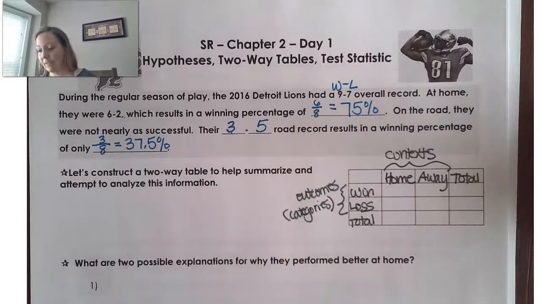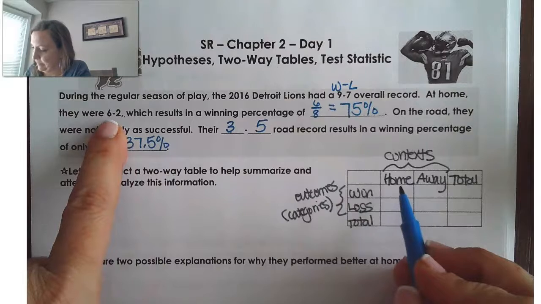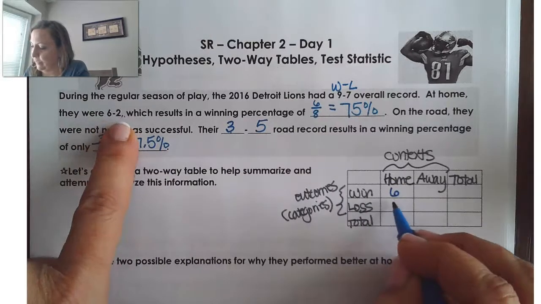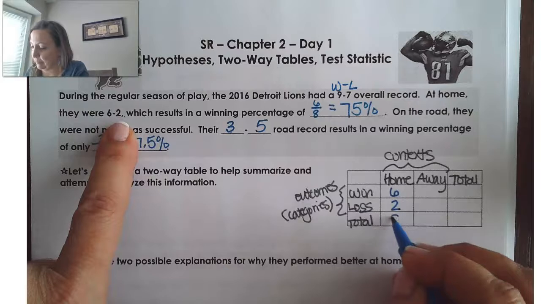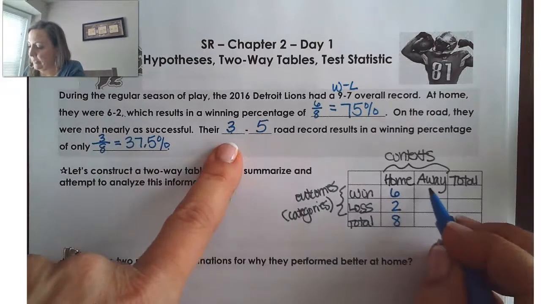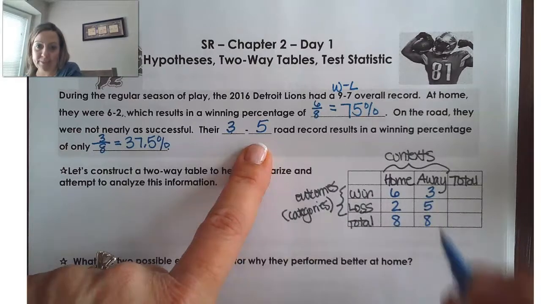And so the two-way table helps us organize this information. So we know at home, they won 6 games and they lost 2 games for a total of 8 games. And away, they won 3 games, lost 5 games for a total of 8 games.